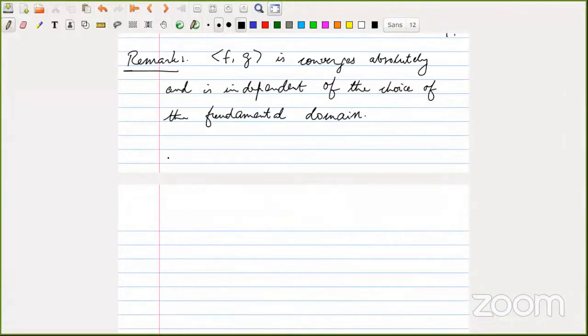Once I have this, it makes sense. I can talk about the Petersson inner product, and then I can define the norm which comes from the Petersson inner product.